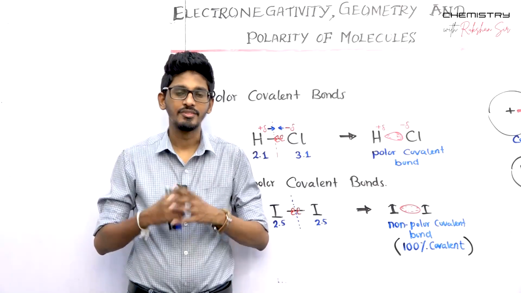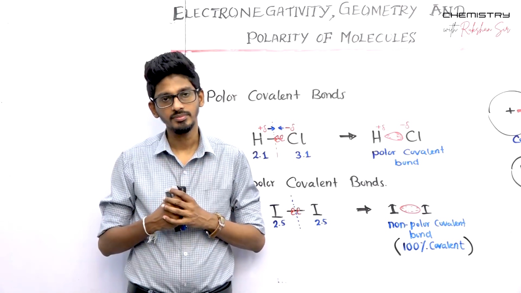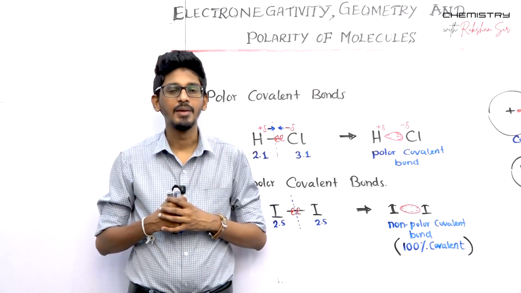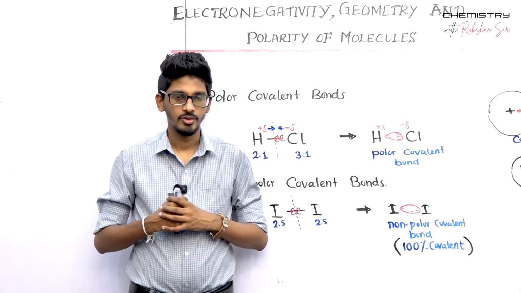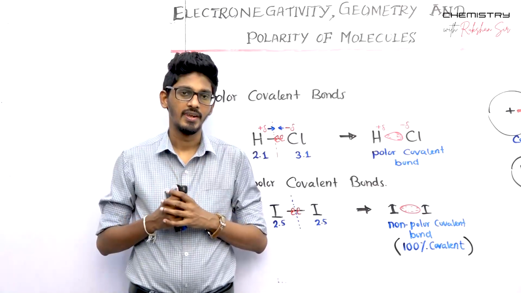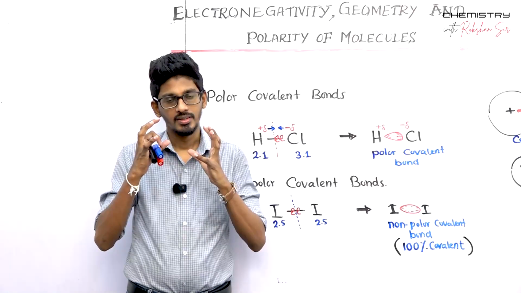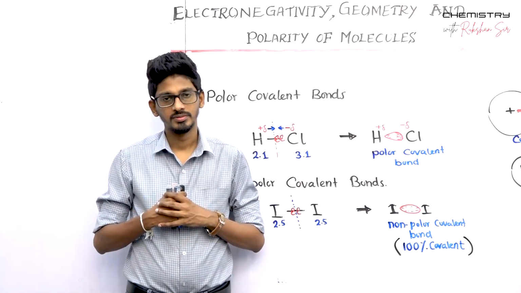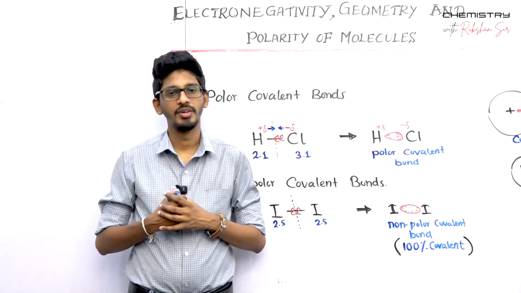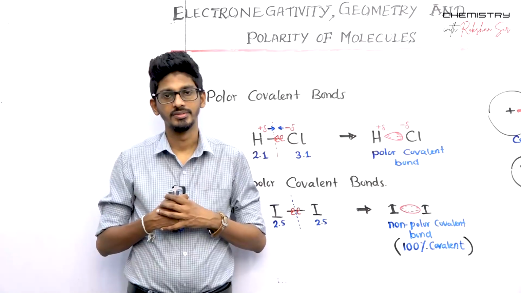The strength or magnitude of polarity is given by a parameter called dipole moment. Dipole moment is a vector which is used to express the polarity of the bond. It will give you the magnitude of the polarity of your polar covalent bond.